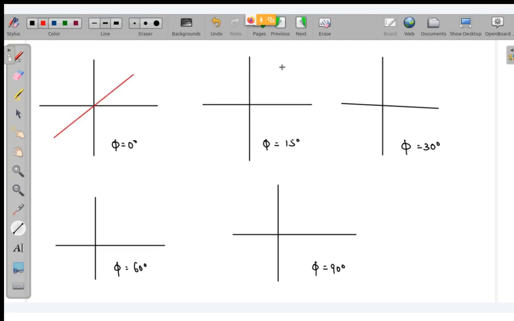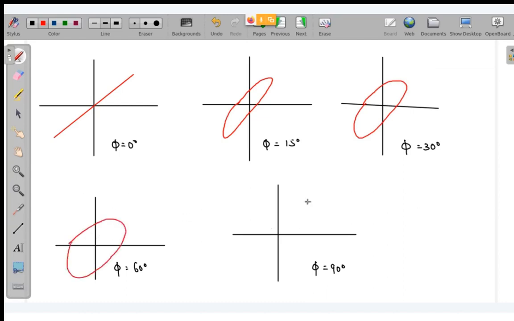If it is 15 degree, it will look like this. If it is 30 degree, now this ellipse will be a little bit fatter. If it is 60 degree, it will be more fat.